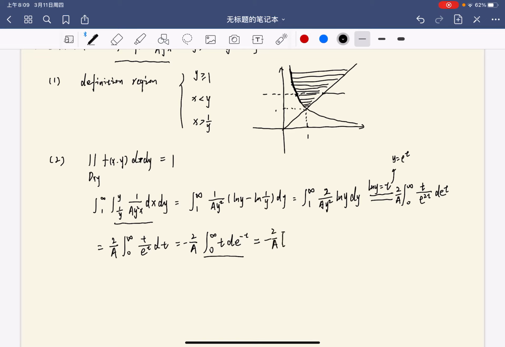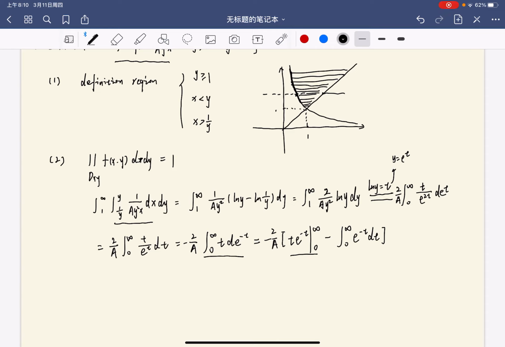It should equal t multiplied by e to the power of negative t, between 0 and infinity, minus the integral of e to the power of negative t dt. And it is obvious that this part equals 0. And when t equals 0, t multiplied by e to the power of negative t is 0.